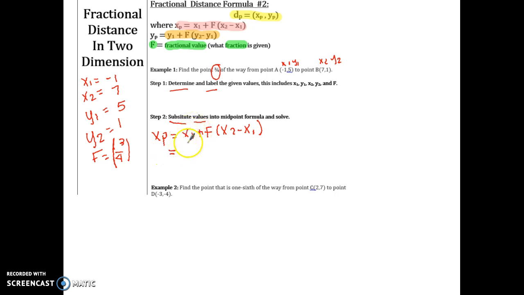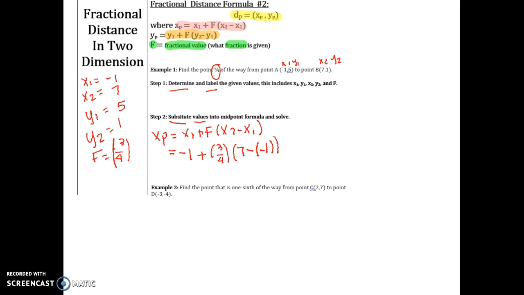Let's replace those: x1 is -1 plus our fraction, which we said 3/4, times (x2, which is 7, minus x1, which is -1). So let's pause this video and give that a try on our calculators.